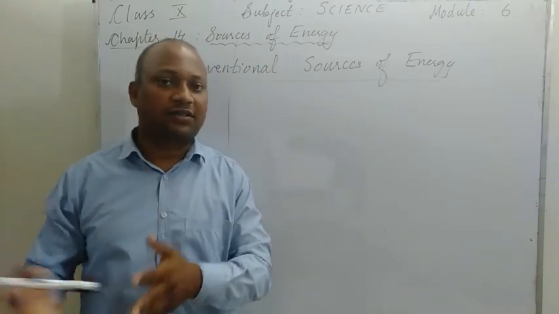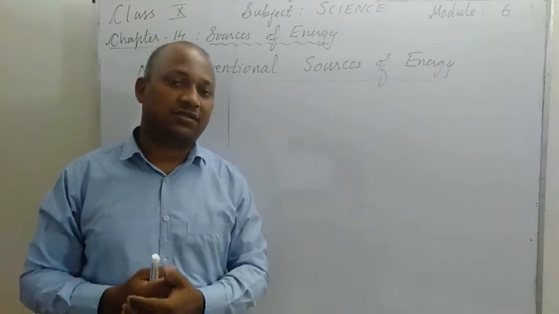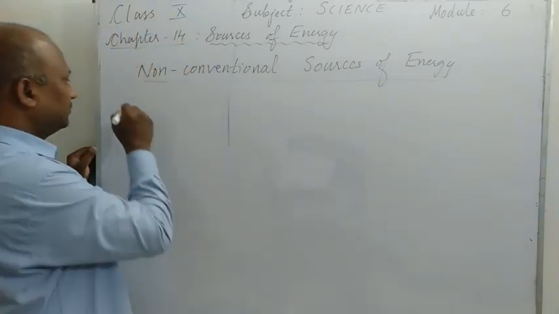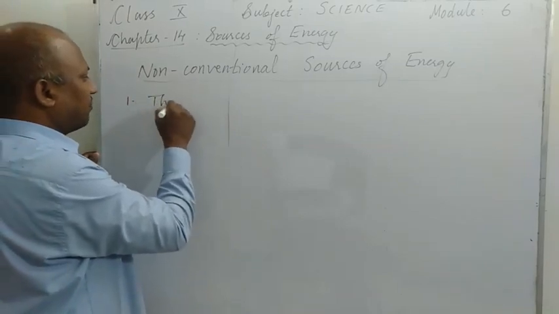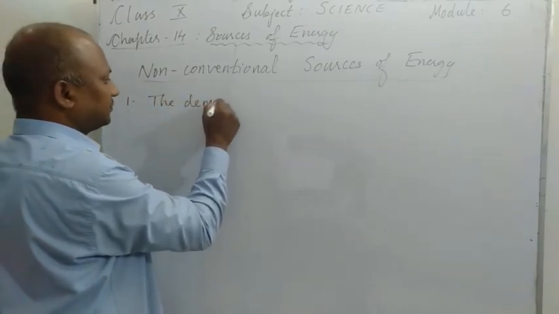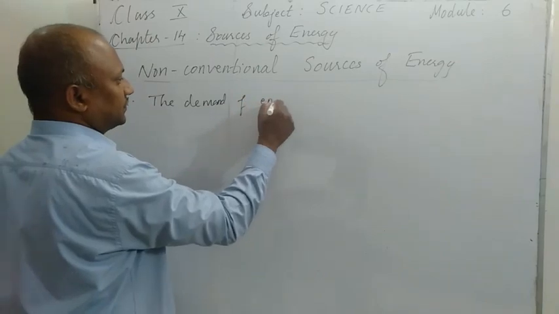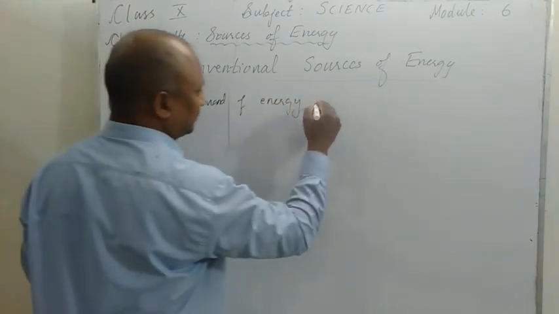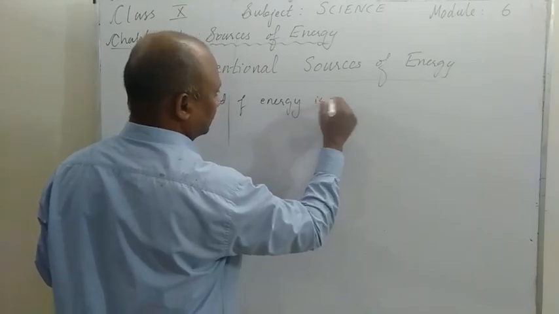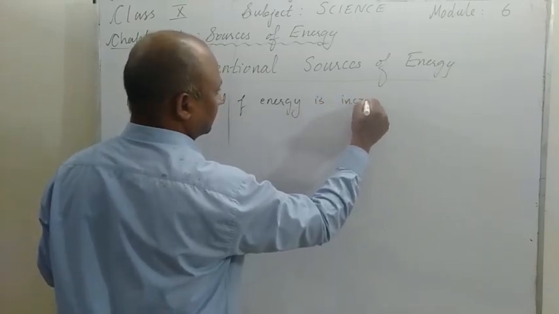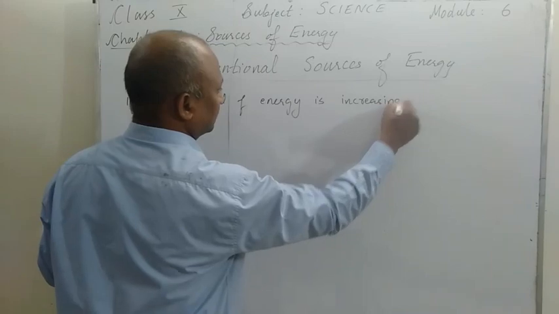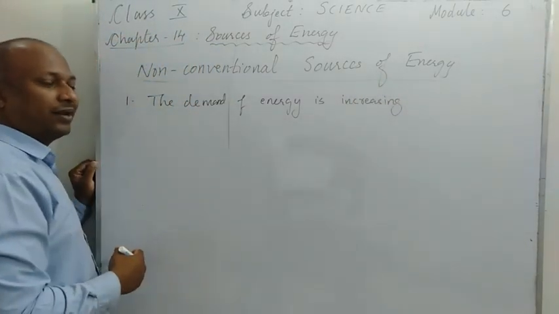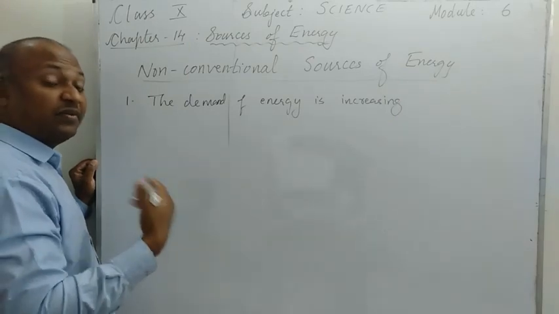We have a lot of other sources. Why do we need non-conventional sources? Number one is the demand of energy is increasing. So we need more energy sources, more alternate sources. The demand of energy is increasing due to the increase in living standards.